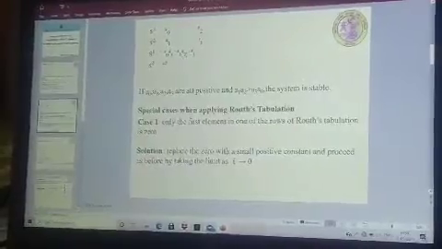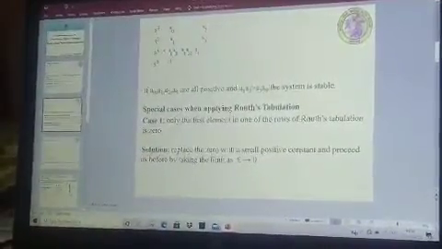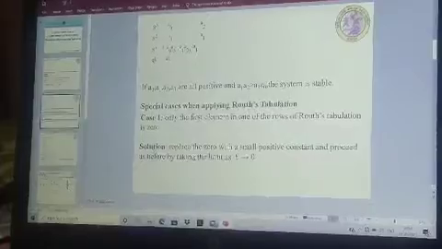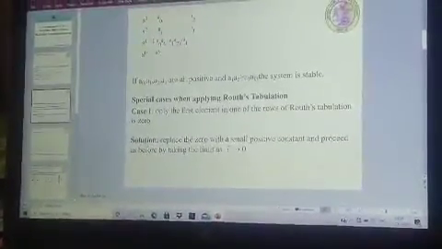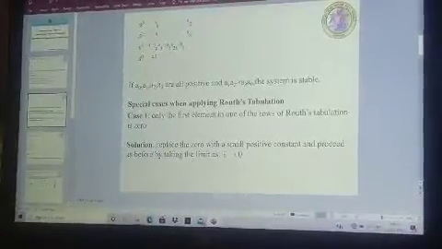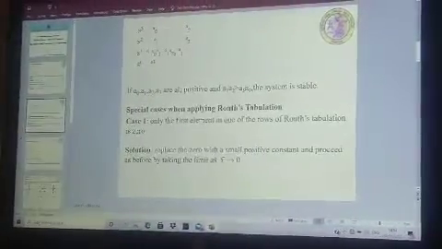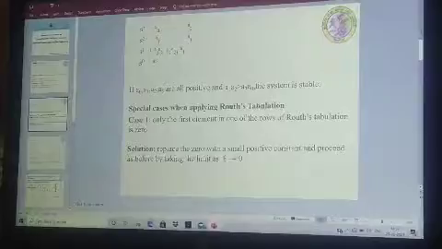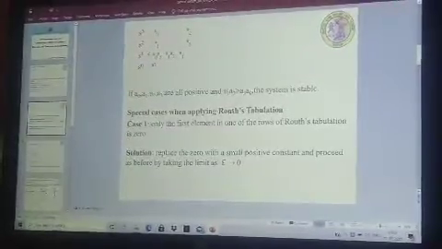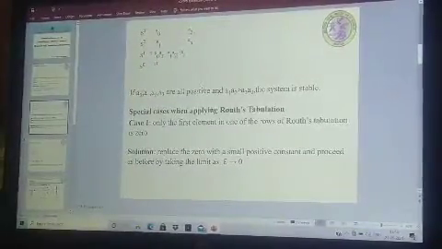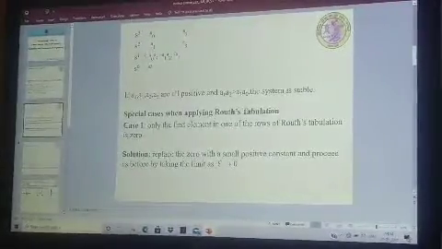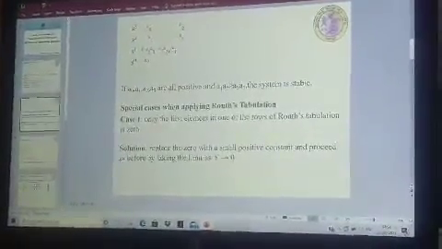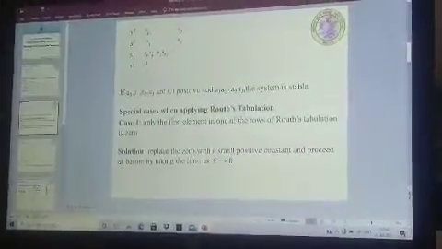If A0, A1, A2, A3 all are positive, after calculating the coefficients of all these Routh array tabulations, and A1 A2 should be greater than A3 A0, it indicates the system is stable.